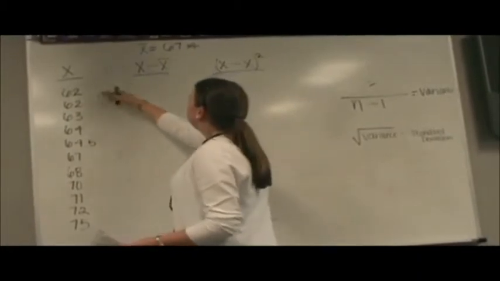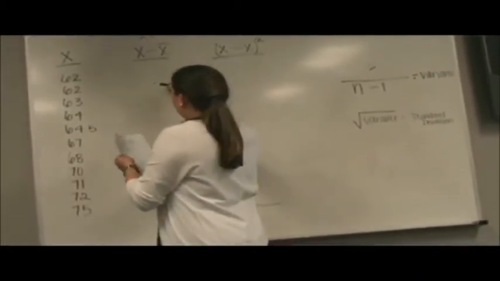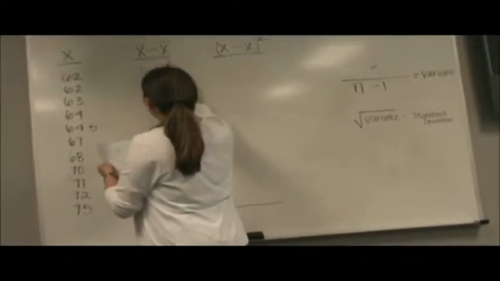So therefore, 62 minus 67.14 is negative 5.14.